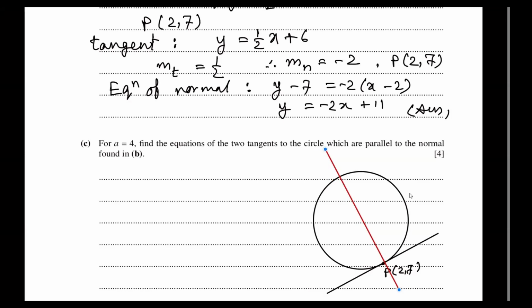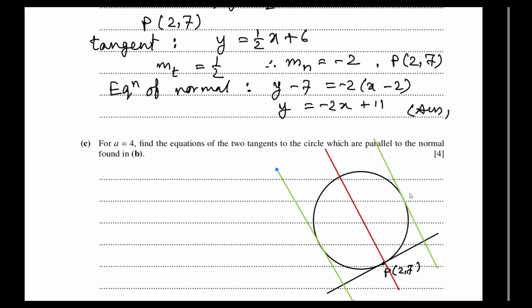We have to find the equation of the tangent which is parallel to this normal. So these are the two tangents which will be parallel to this normal.